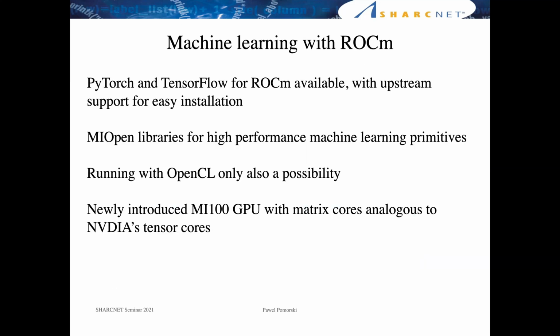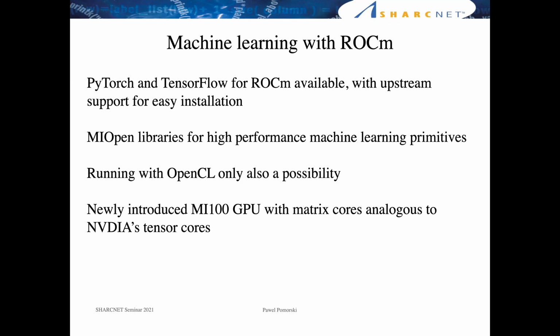So we are approaching now the last slide, and I will also mention that, as you would expect, machine learning is fully supported within ROCm, and PyTorch and TensorFlow are available for ROCm with upstream support for easy installation. So basically, once you get through the hurdle of installing ROCm and getting the drivers working, installing PyTorch and TensorFlow is very simple. It should just be a pip install operation.